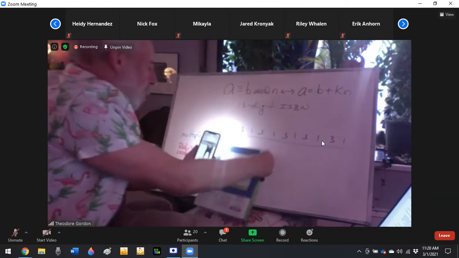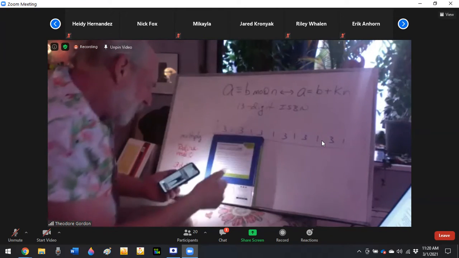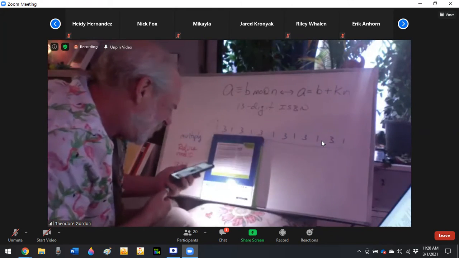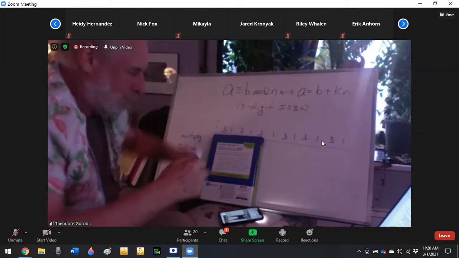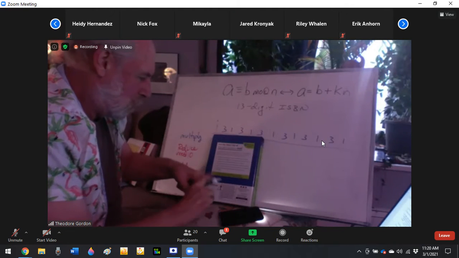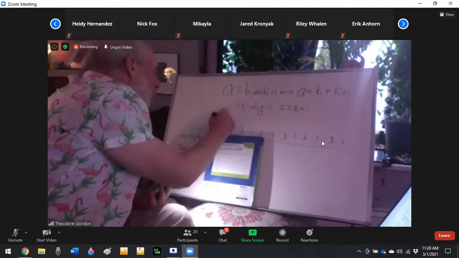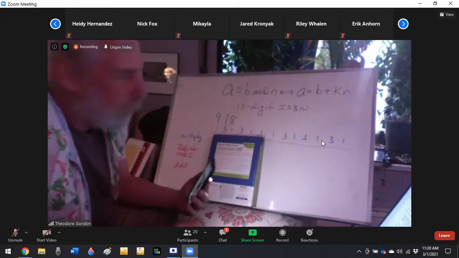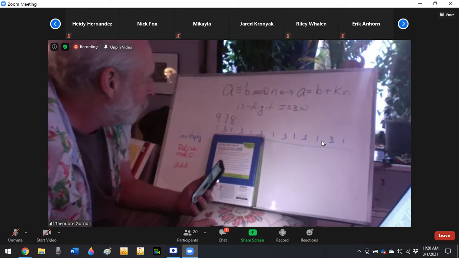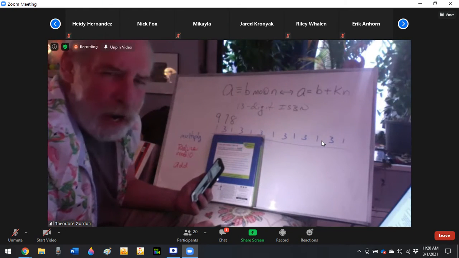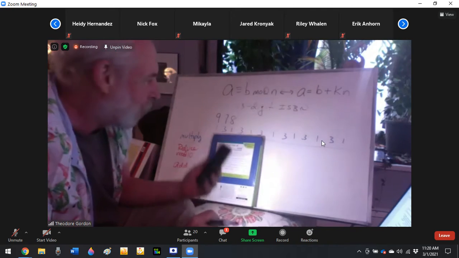Okay, here's our next ISBN. 978, most of the books you see are going to start with 978, but I think I've seen 988 before because we're running out of numbers.